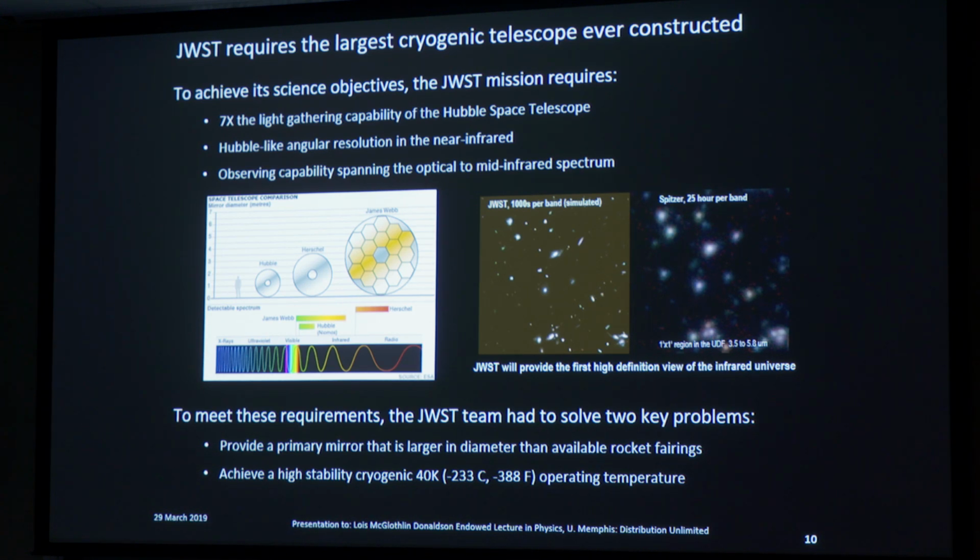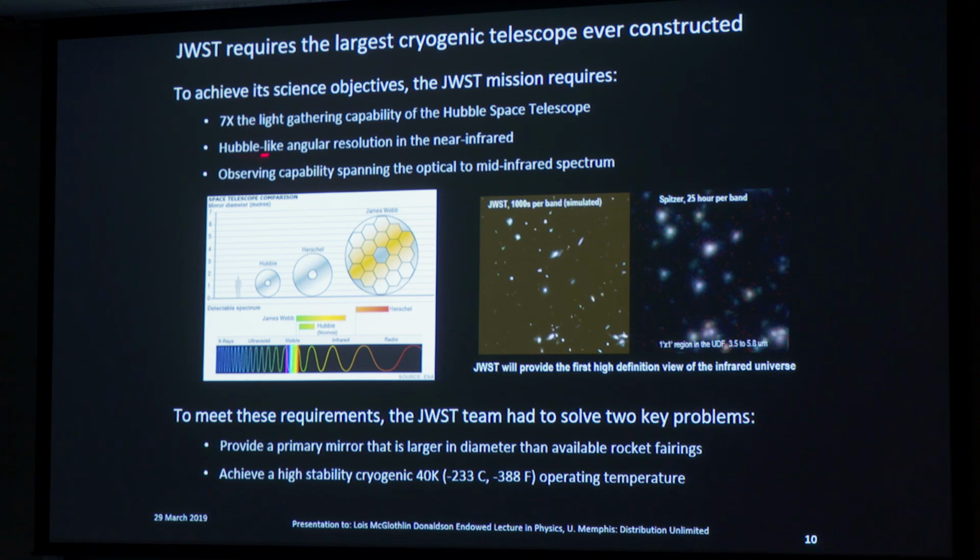Now, when we first put pencil to paper on what kind of observatory we had to build to do that science, we realized that we had some big problems that almost stopped the project in its tracks. First, we determined that to see those faint galaxies in the cosmic dark zone, we needed 7 times the light gathering capacity of the Hubble Space Telescope.